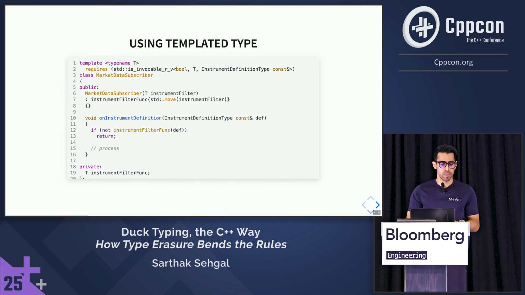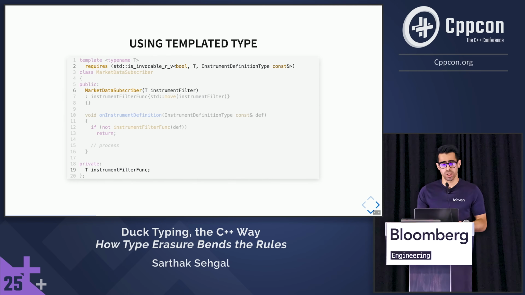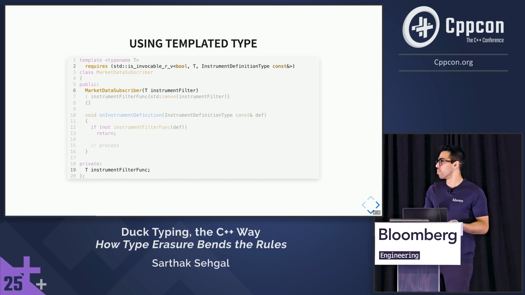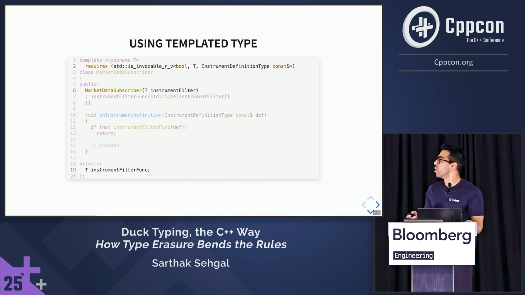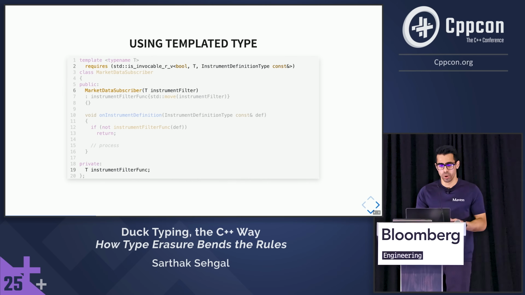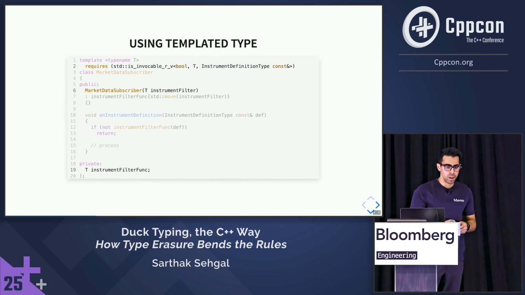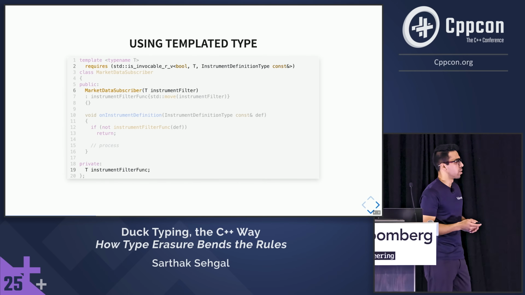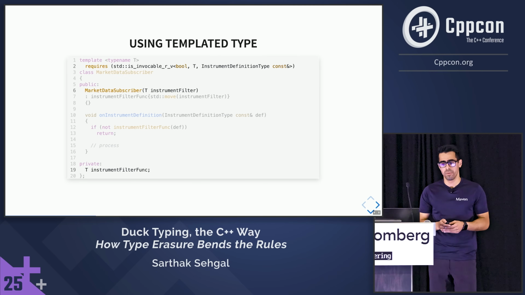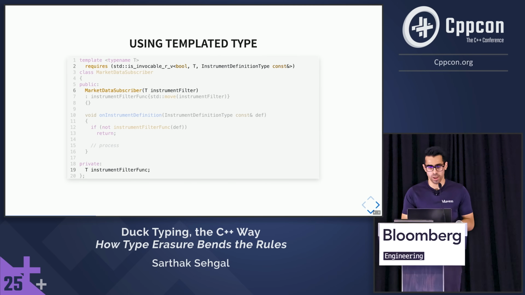So you could simply template the market data subscriber on a type T and add some constraints to ensure that it's invocable. I think I'm missing a copyable check as well here. So type T should be invocable and copyable, so I can store it in my class. And the constructor can simply have that template type T as a parameter and store it inside the class.